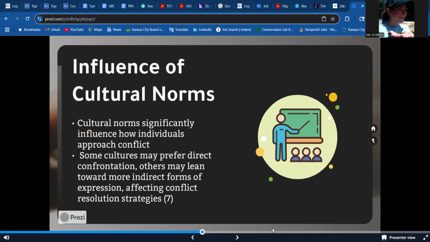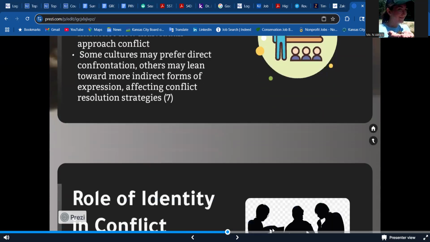Maybe they grew up in the South, right? So our own personal cultural norms, along with our workplace norms, are going to influence how we approach conflict. Some cultures may prefer direct confrontation, others may lean towards more indirect forms of expression, and this can really affect conflict resolution strategies overall.